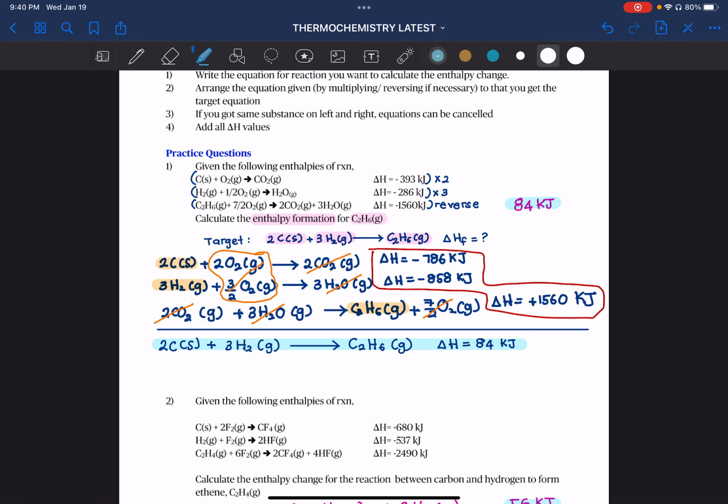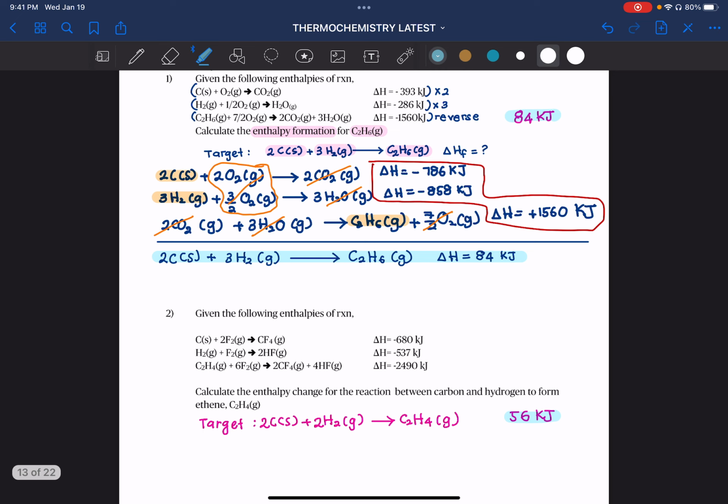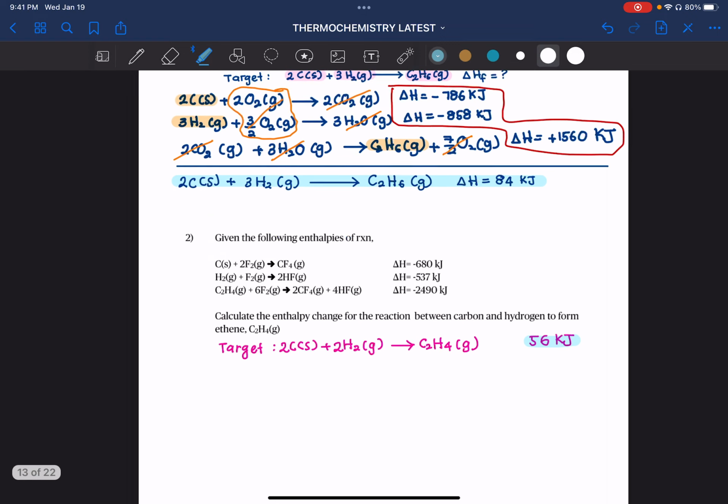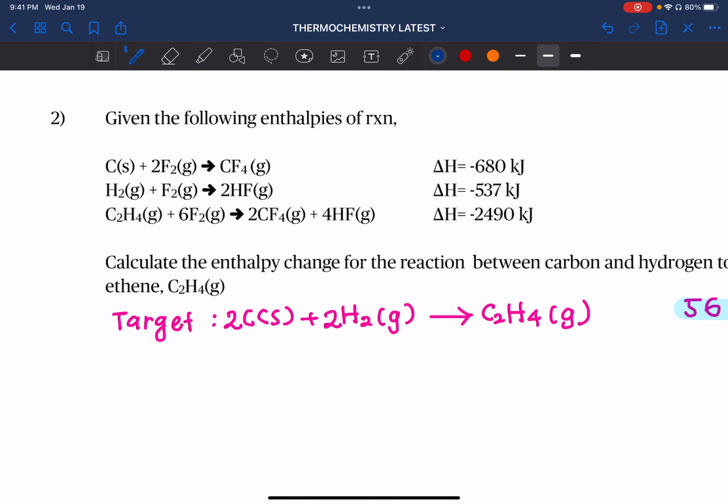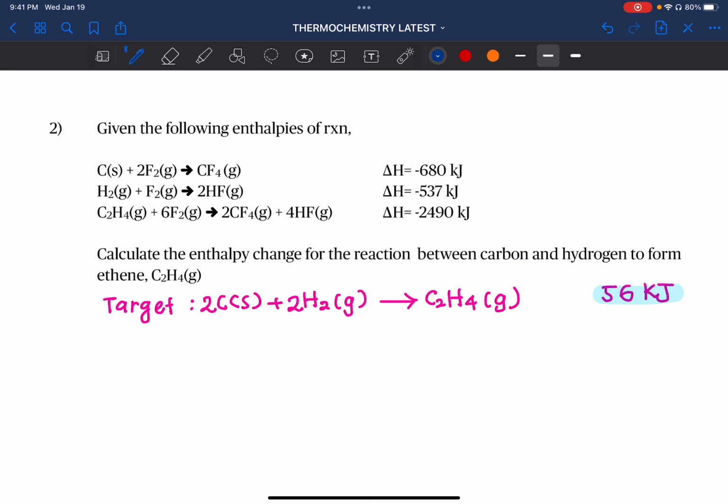Okay. So, this one lebih mudah lah. Okay, guys. So, let's do the second example lah. Okay, given the enthalpies of reaction, dia bagi 3 equation. Calculate enthalpy change of the reaction between carbon and hydrogen to form ethane.